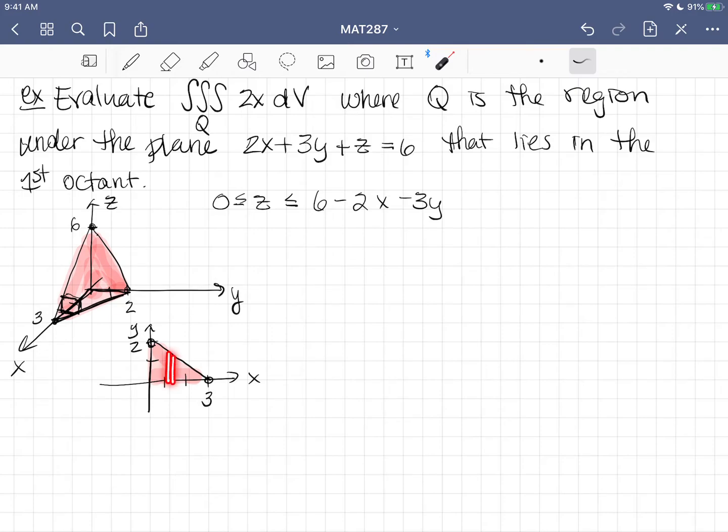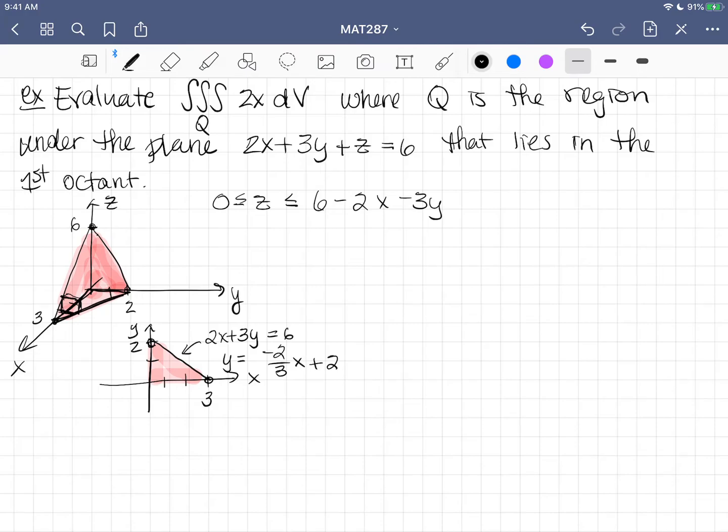As I move vertically along here, what are my bounds on y? They go from 0 to this line. What's the equation of this line? This is the plane when z equals 0, so it's 2x + 3y = 6. Rearranging, y equals negative 2/3 x plus 2.